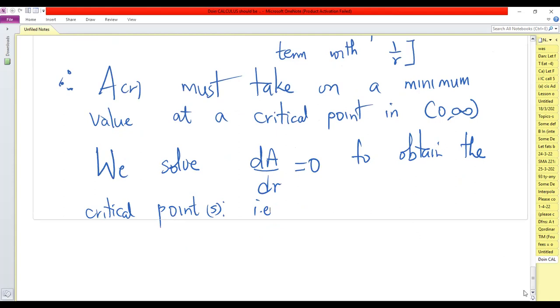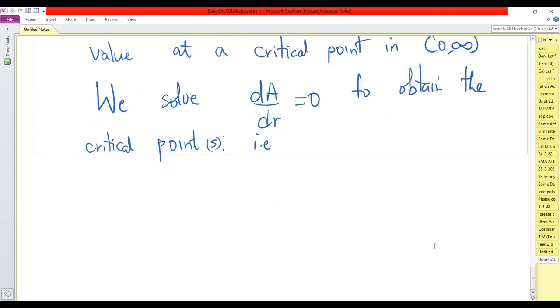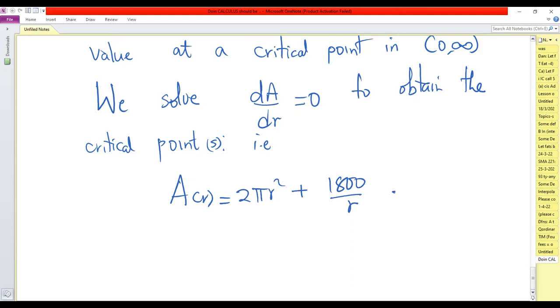So since we have our area function A given by 2 pi R squared plus 1800 over R, this means the derivative dA/dR will be given by 4 pi R minus 1800 over R squared.